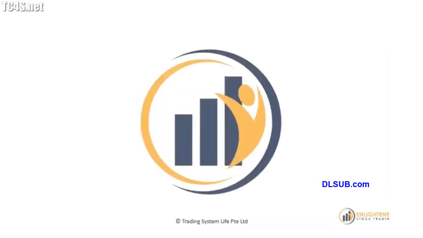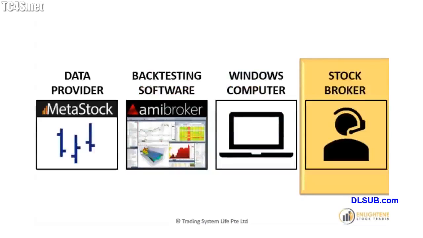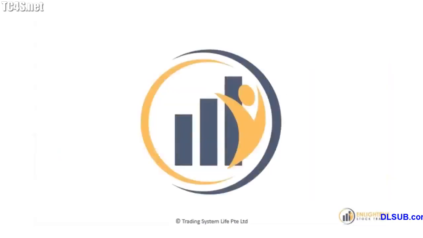So that's what you need for an existing trading system, for a trading setup. You need to have the data. You need to have backtesting software. You need a computer that will drive it, and you need a broker. You don't need 9 monitors and a supercomputer. You don't need a real-time data and newsfeed. You don't need a Bloomberg terminal. You don't need any of that.